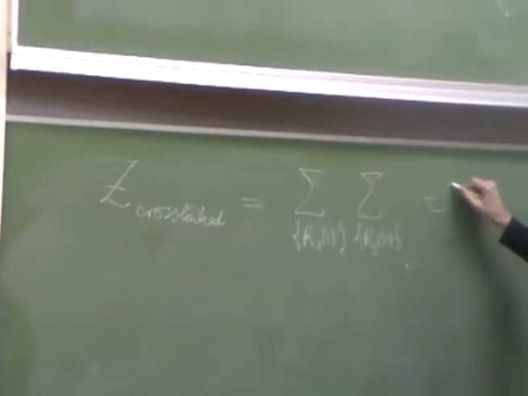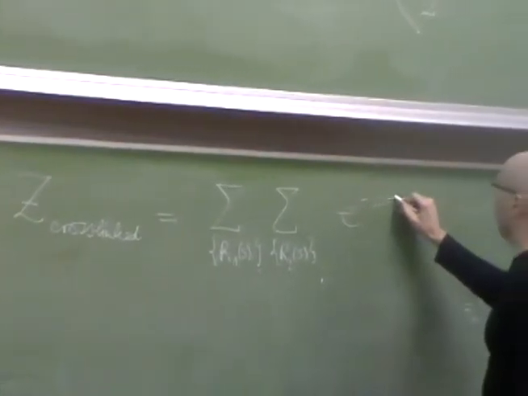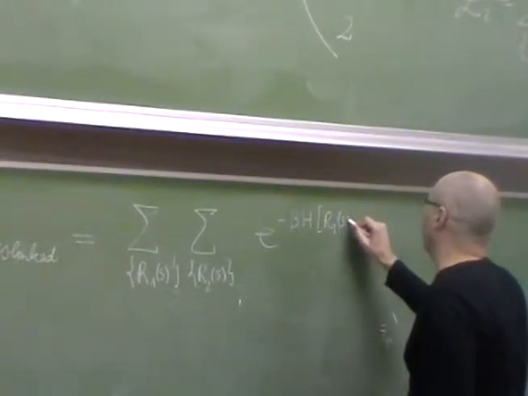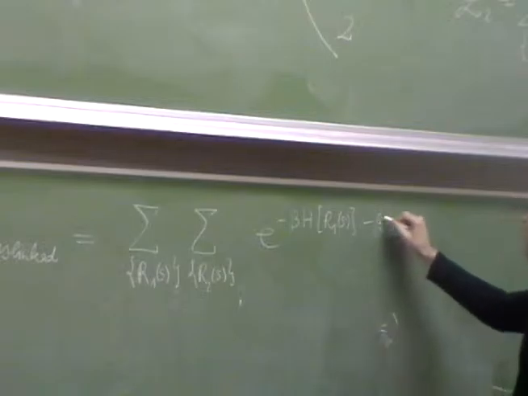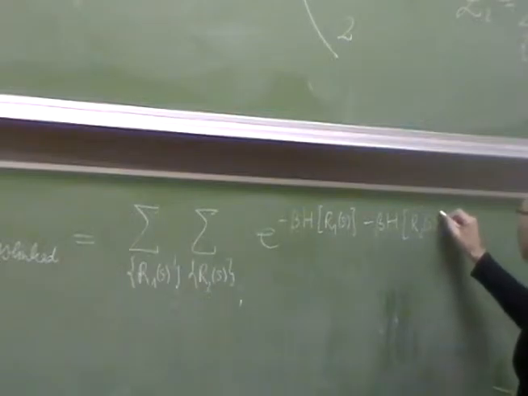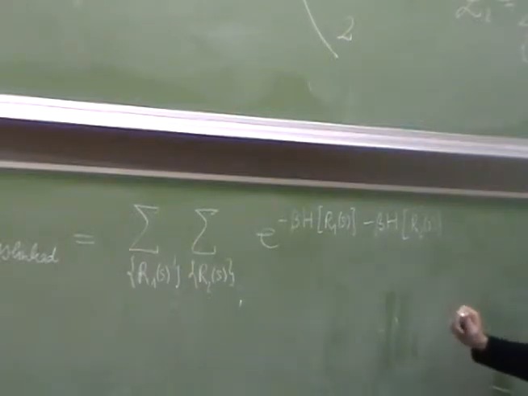We need to write down the Boltzmann weight for the chains, whatever that is. We'll discuss that in a moment. For both of the chains. But that can't be it, because I haven't put in the cross-link.